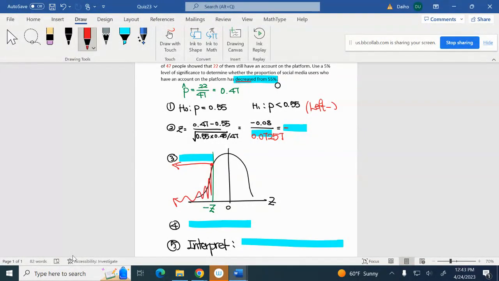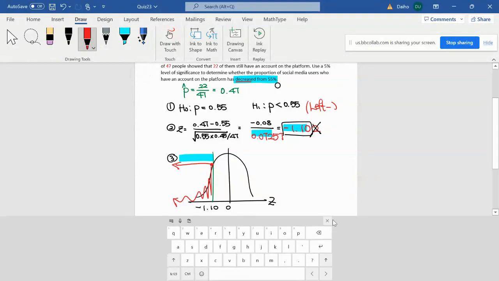Then negative 0.08 divided by 0.07257, I have negative 1.102, but we need 2 decimal places. So it's negative 1.10. Then anybody who got the probability at negative 1.10, please?